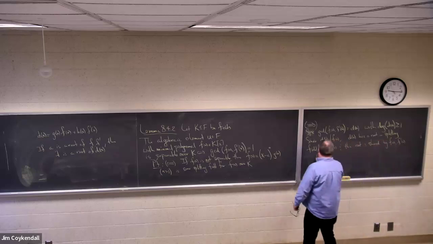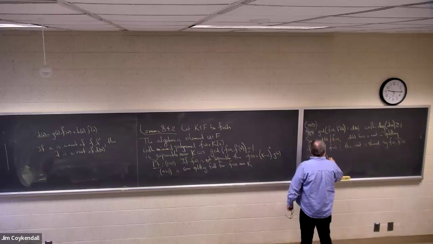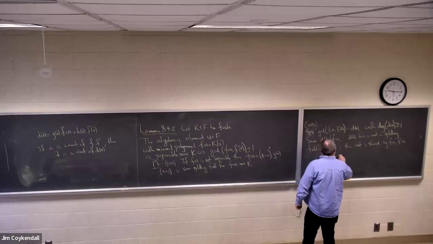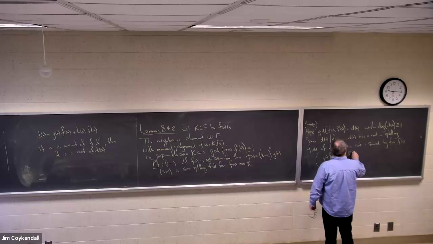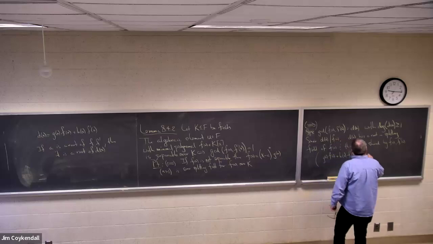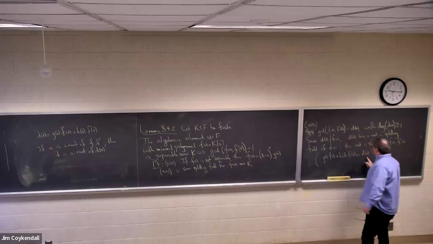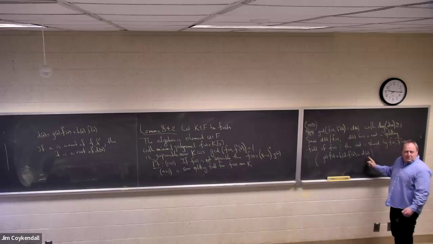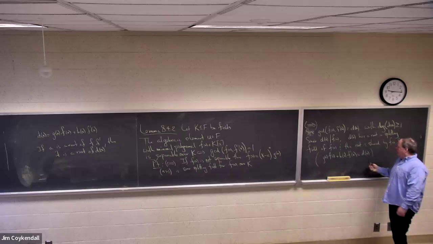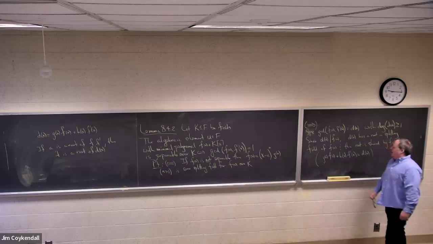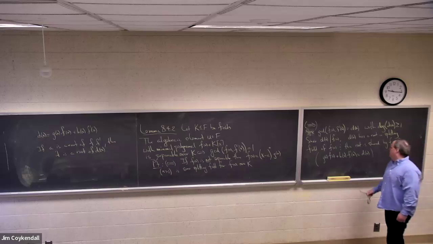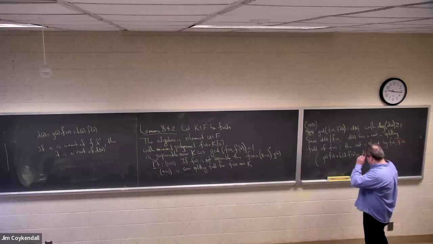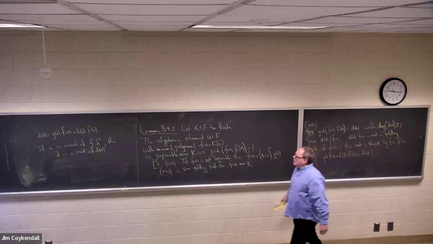Because again, we've got the Bezout identity here. If a is a common root of g(x) and f(x), then it's shared by f prime of x.